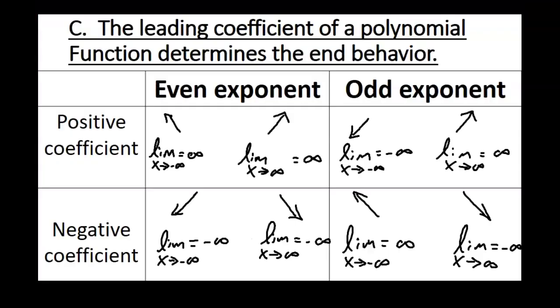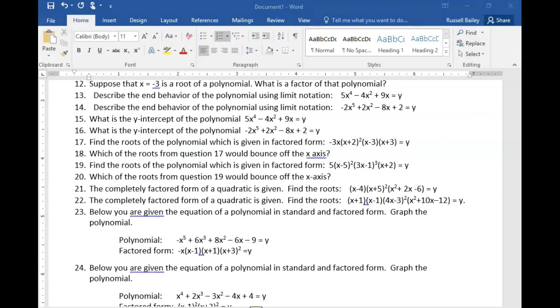If you look at your 6.5 notes, this is the chart you would see. You have to look at the exponent and the coefficient. For number 13, we're looking at 5x to the 4th. So that is a positive coefficient and an even exponent.